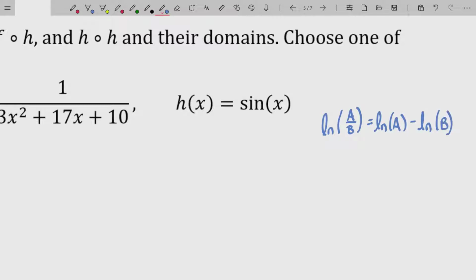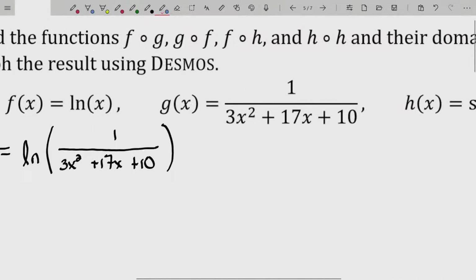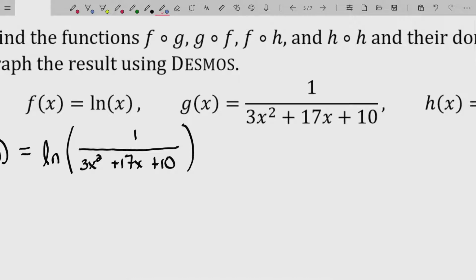That's a property of logarithms, or some people call it a law of logarithms. So you could technically take that logarithm and break it into the difference of two logarithms: the natural log of the numerator minus the natural log of the denominator. So I'll go ahead and write all that out.